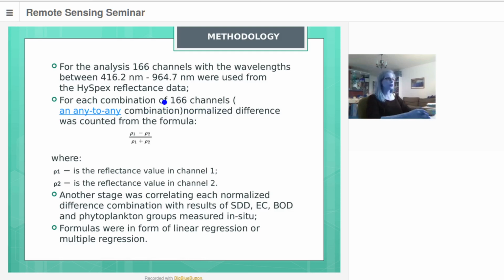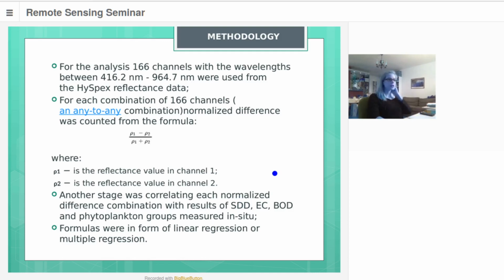For each channel from the 166 bands, every combination was made, and the normalized difference index for these bands was calculated with a formula similar to NDVI. So further in the presentation, I used the NDVI formula. I refer to this formula.